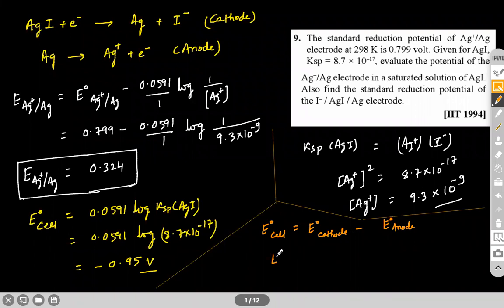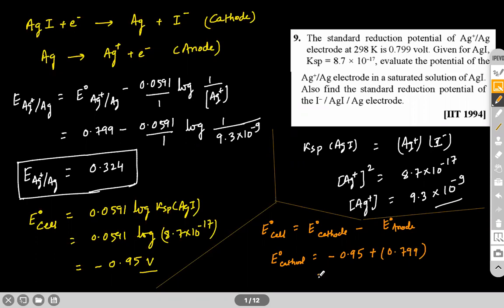So E naught of cathode is equal to minus 0.95 plus, for Ag+, it is 0.799 reduction potential.